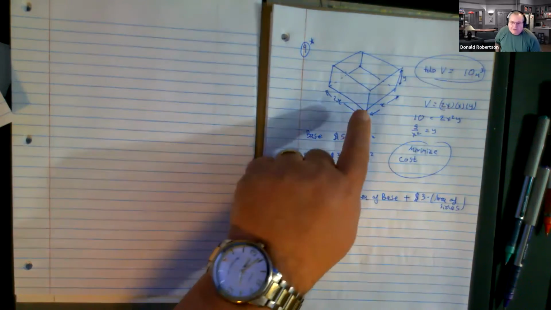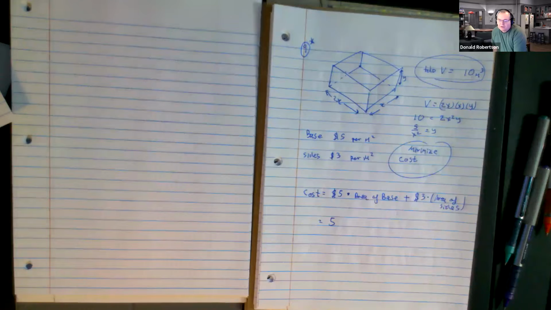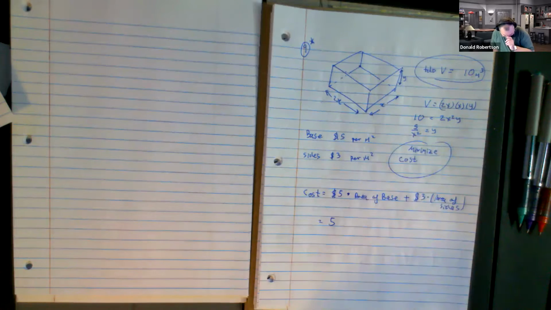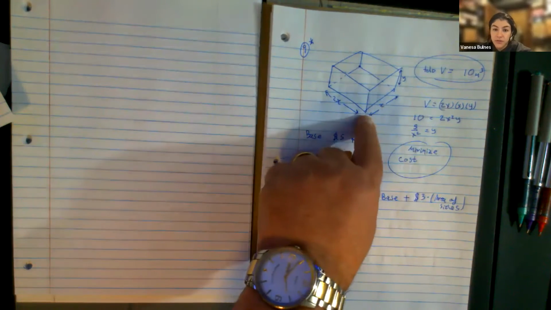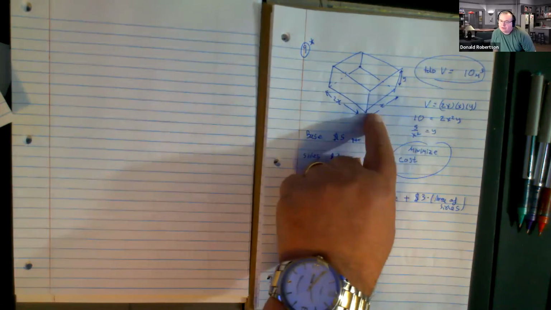Okay, what is the area of the base in this box here? What is the area of the base? Two x cubed. Are you sure about cubed, or do you want to reduce it to squared? Oh, squared, yes.